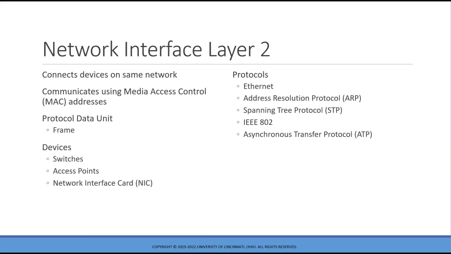Some of the protocols that reside on the network interface layer are Ethernet, ARP, IEEE 802, including the wireless protocols 802.11, Asynchronous Transfer Mode, and Spanning Tree Protocol that prevents loops from occurring when switches are interconnected.